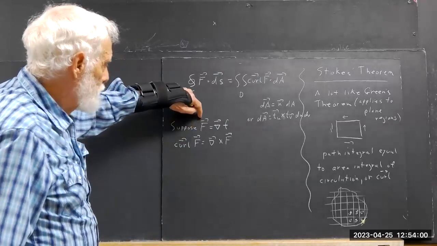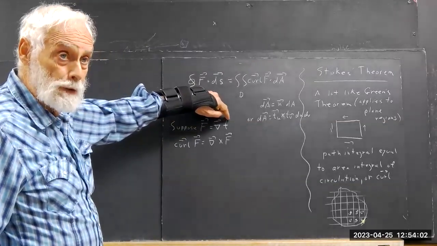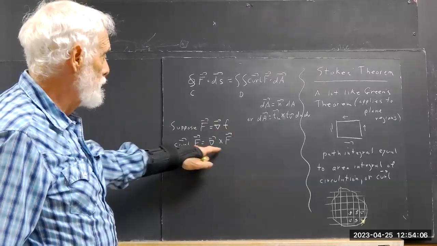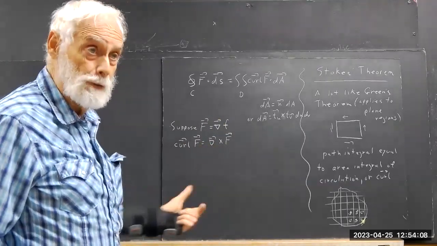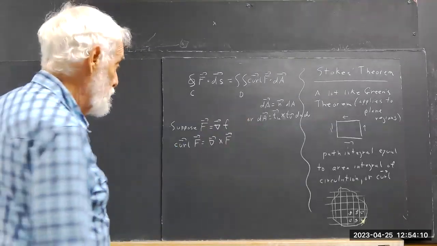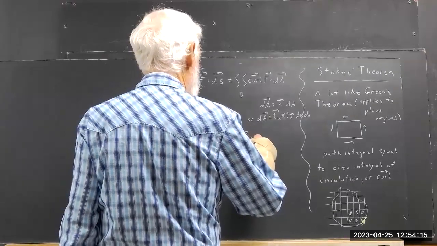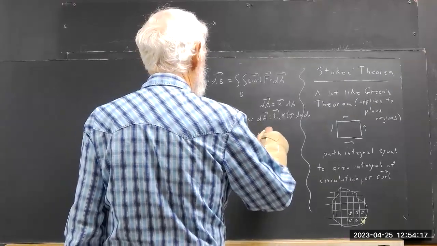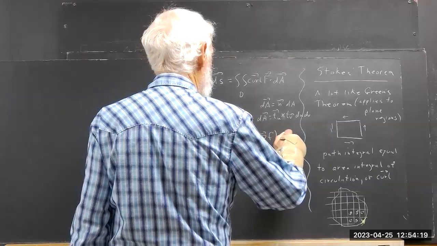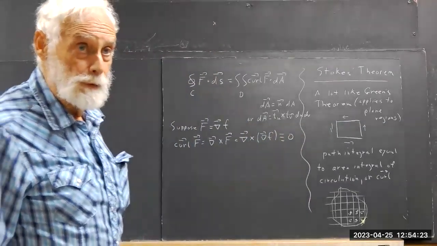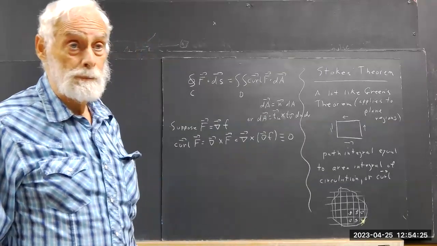Now we pose, okay, if F is the gradient of a scalar function, then the curl of that is the cross product of the del operator with del f. You should be able to prove that.